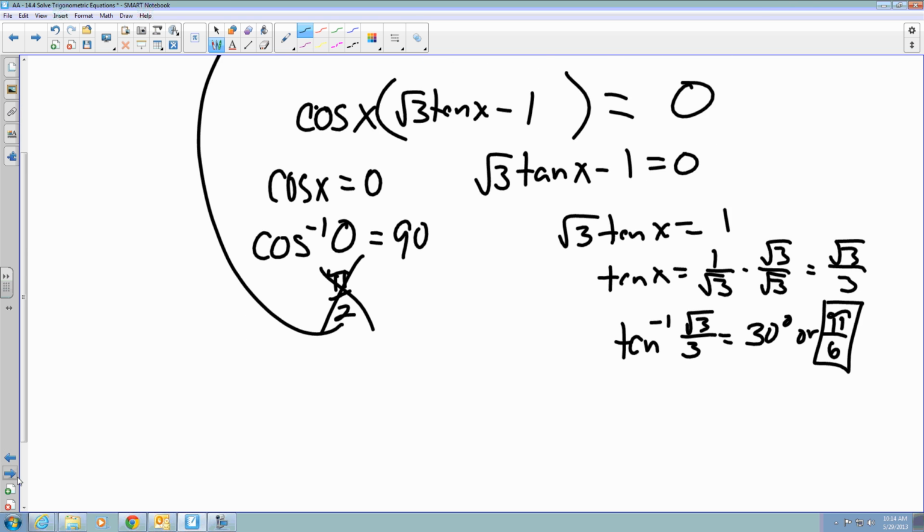And again, you're going to use the same steps as you used in part 1. You look into your chart, and it says that since this tangent here was positive, it's going to be positive in quadrant 1, and it's also going to be positive in quadrant 3. So I'm going to have my 30 degrees here, and I'm going to have my 30 degrees here.